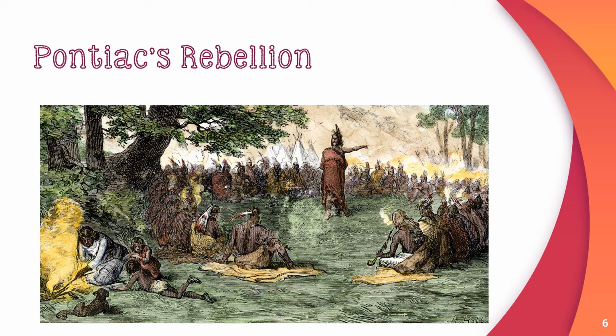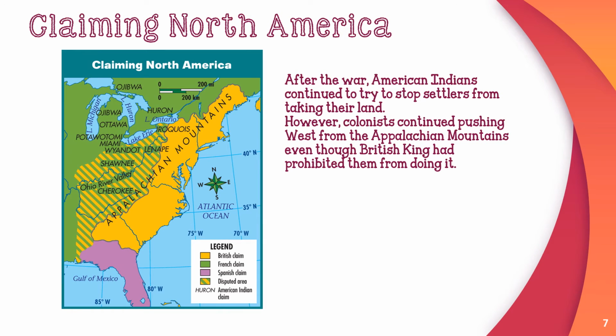So King George III issued an order called the Proclamation of 1763. These prohibited colonists from settling lands west of the Appalachian Mountains. The king hoped this order would help keep peace with American Indians and not cause further costs.